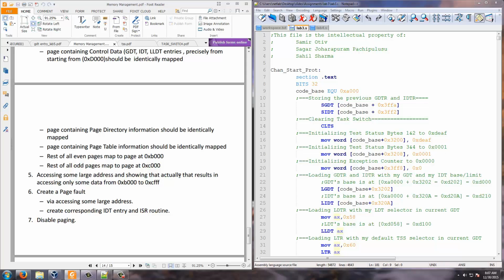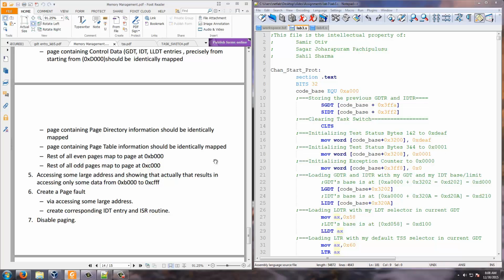And every entry in that page table, all the even pages will be mapped down to 0xB1000, all the odd pages will be mapped down to 0xC1000, except those pages which contain the code, which will be identically mapped, and the page which contains the control data, that will also be identically mapped. And then the pages having the page directory and the page table themselves will also be identically mapped. Why they need to be identically mapped was already explained during the lecture.